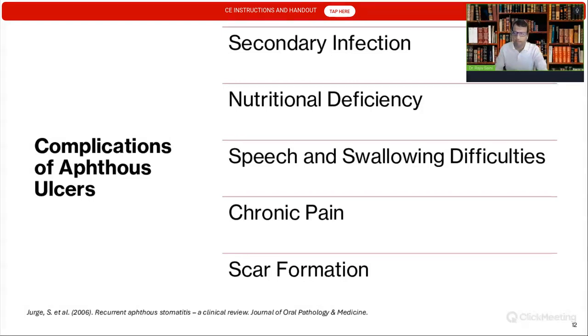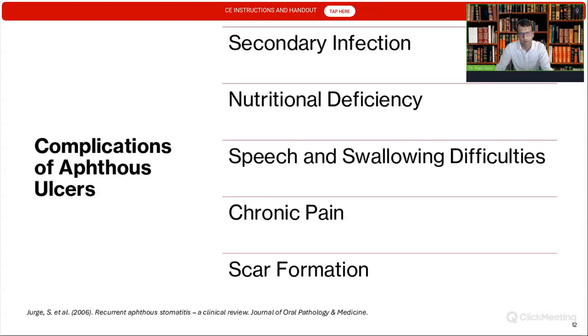Ulcers may become infected with bacteria such as Streptococcus or Staphylococcus, which are opportunistic bacteria present in the oral cavity that can prolong the healing and cause systemic symptoms like fever. That's why it is very important to maintain the oral microbiome in good shape so that opportunistic and secondary infections can be prevented during the aphthous ulcer healing period.